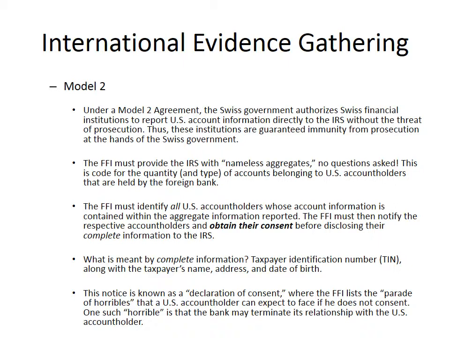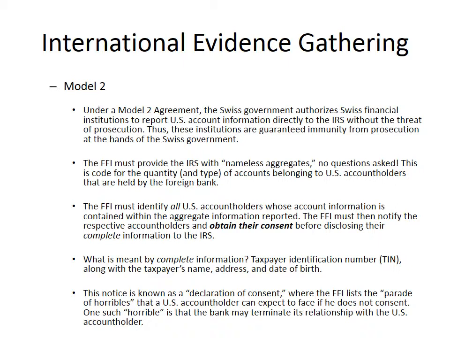So it became clear as the Swiss government and the U.S. government were drafting the terms of this model agreement that some type of exemption was going to have to be carved out for the banks and for the bankers to be able to exchange this information.